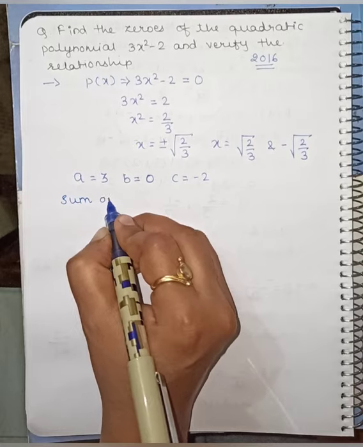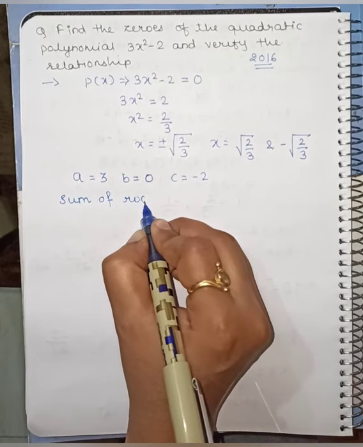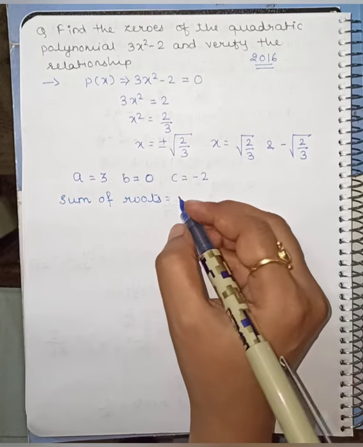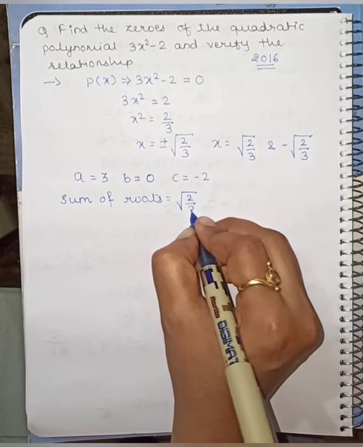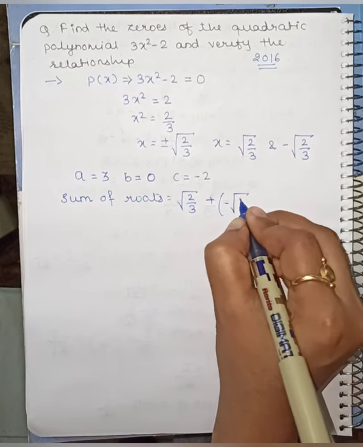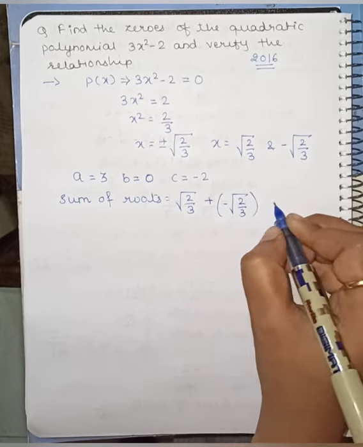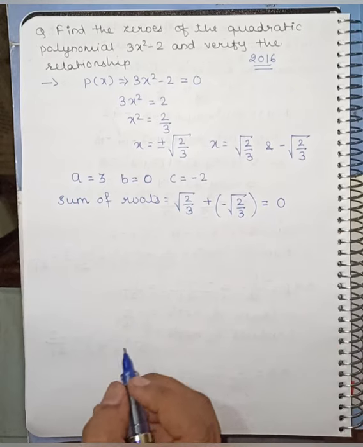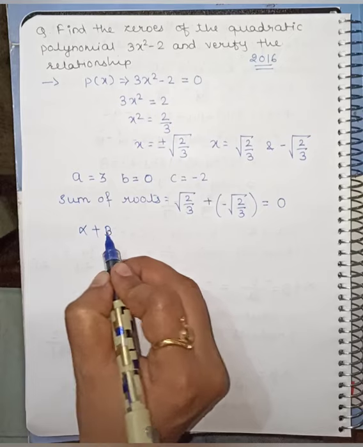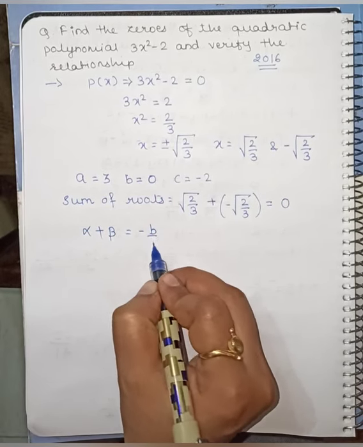From the obtained roots, let us find the sum of roots. Yes, which is under root 2 by 3 plus minus under root 2 by 3. So one is plus and one is minus, so definitely their sum would be 0. And according to our relationship, alpha plus beta is given by minus b by a.